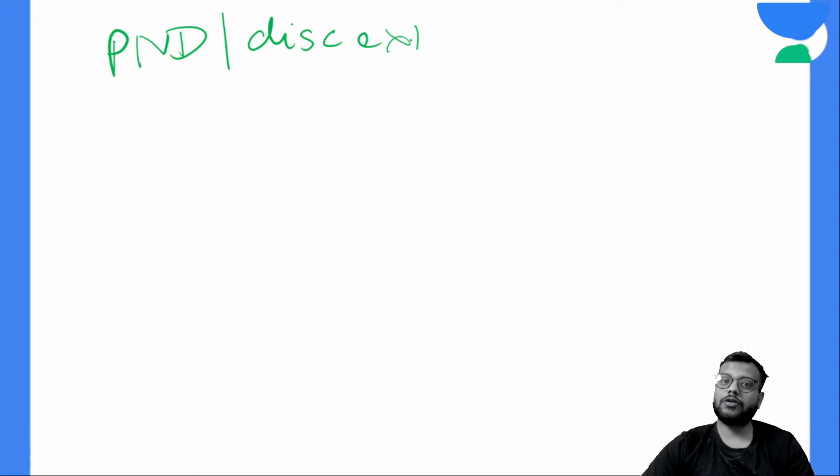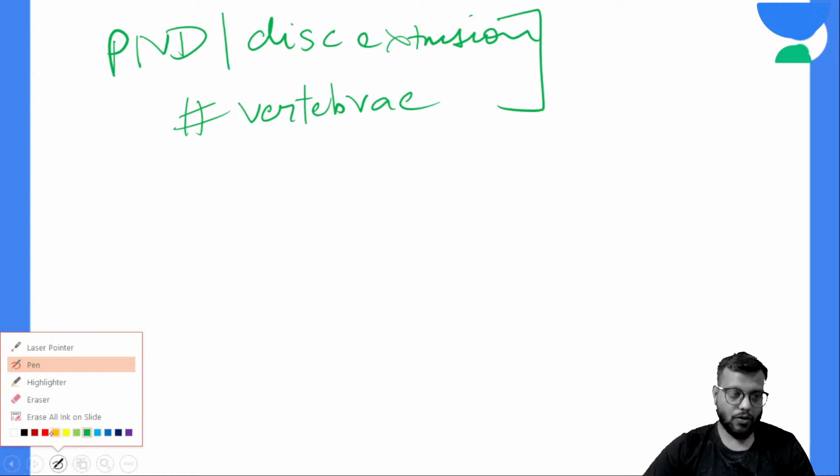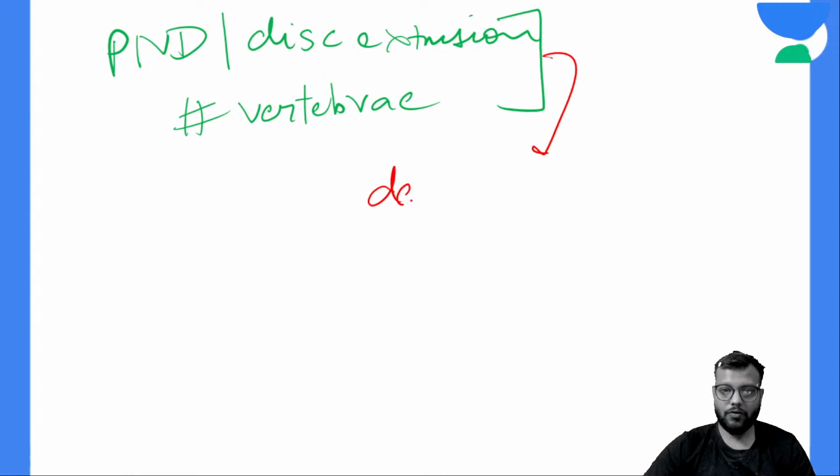Okay, see, in case of PIVD or disc extrusion or herniation or in case of fracture of the vertebra, अगर उनमें neurological deficit है, then you go for the decompression only.